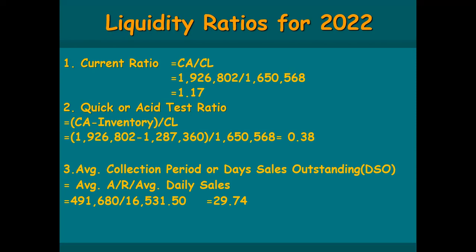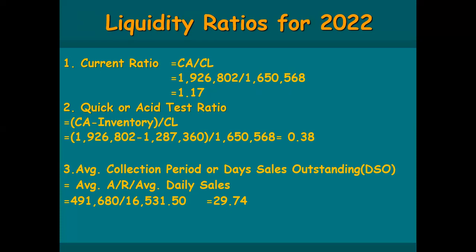Average collection period or day sales outstanding. That is equal to average account receivable. You will have the average of previous year ending balance, that comes current year opening balance, plus current year's ending balance, average, divided by average sales.